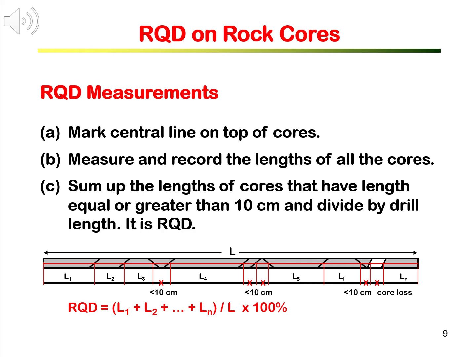We do that for each round of cores in the core box. As we have learned in section 3.2, RQD is the sum of the lengths of all the cores that have lengths equal to or greater than 10 cm divided by the drilling length.